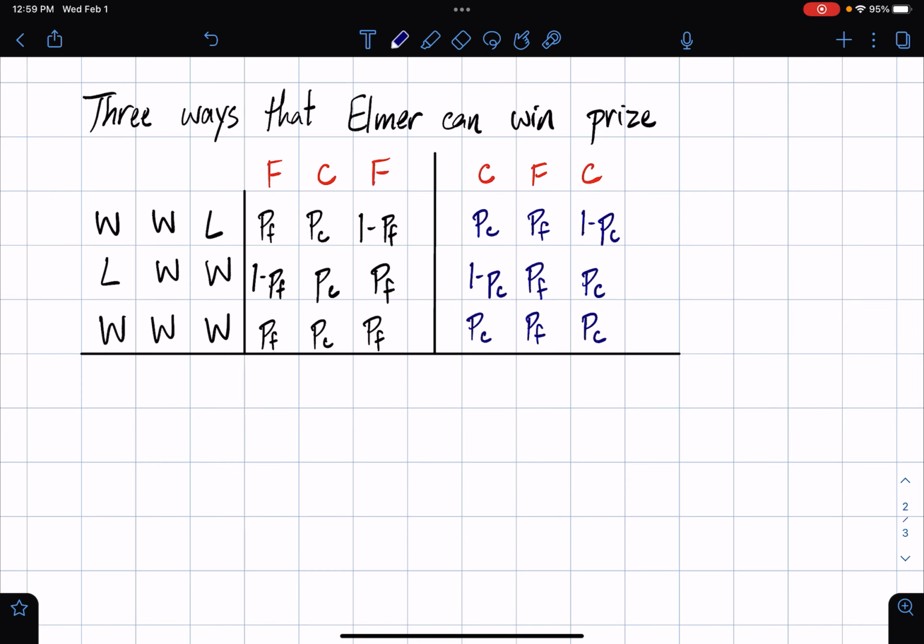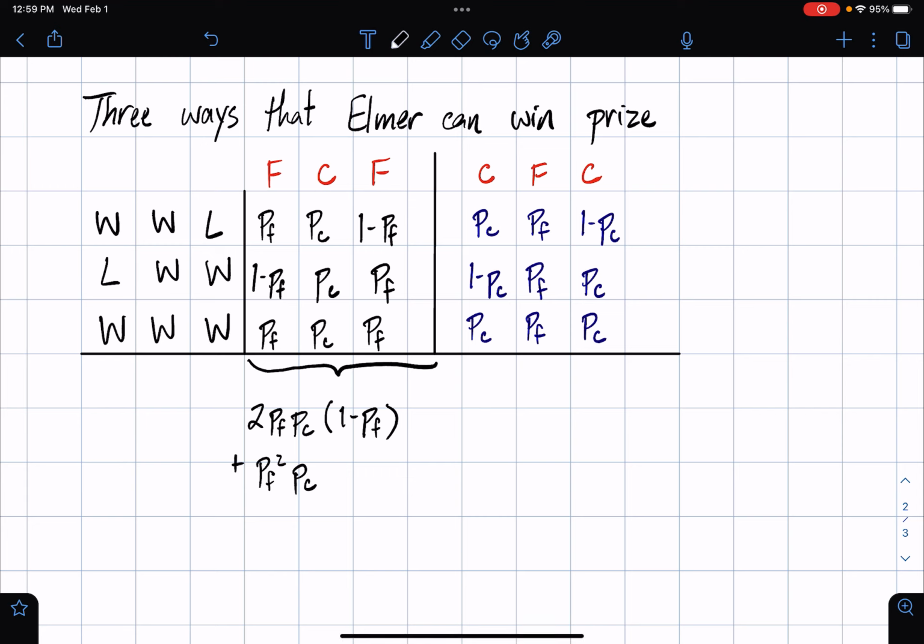Okay, when we add these up, what we're going to get is first, these two are the same. So this is going to be, I'm going to write it as 2 PF PC times 1 minus PF plus PF squared PC.